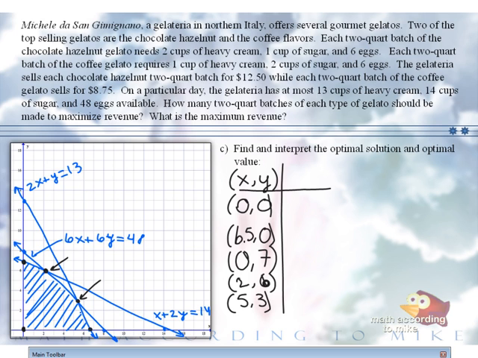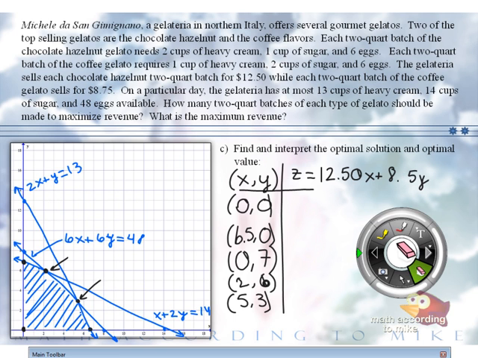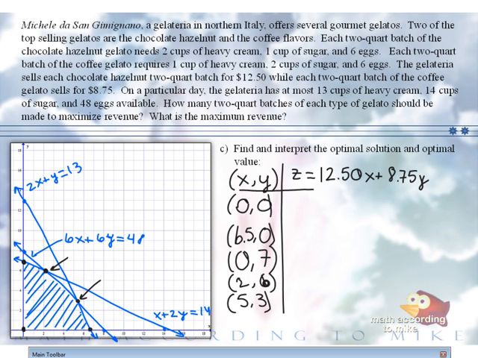And we're going to put these 5 ordered pairs into our objective function. All right, if you would take these 5 ordered pairs and put them into your objective function. I'll do the hard one. Go from there. So what does 6.5, 0 give us? Yep.